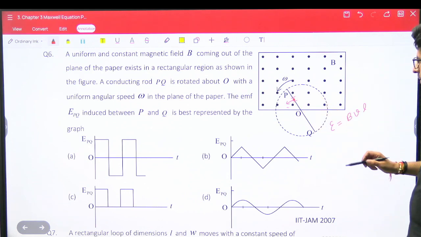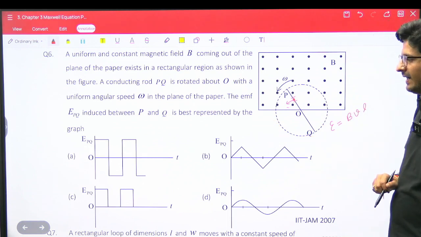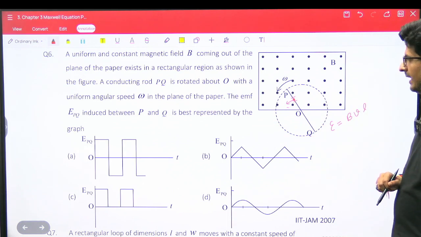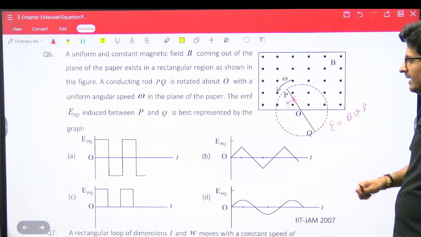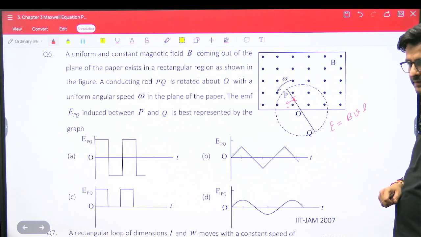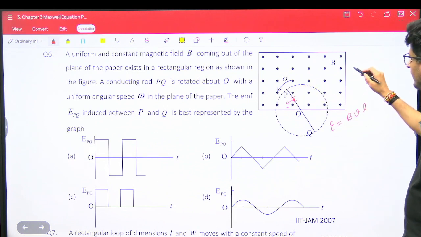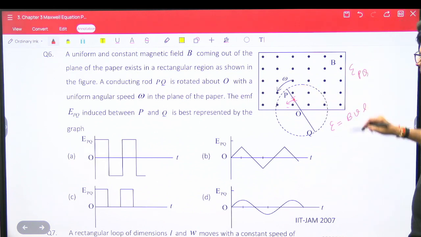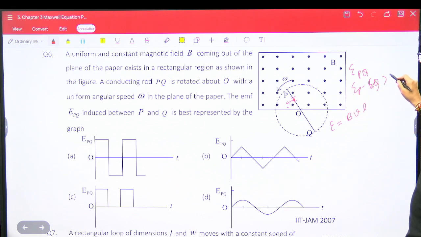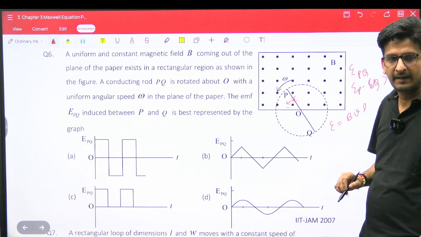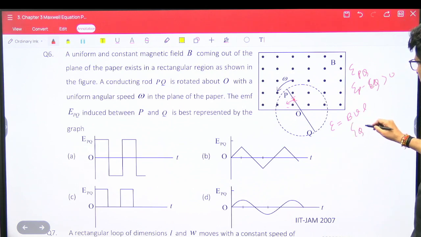Correct? So initially P will be at higher potential, and after one half cycle, Q will be at higher potential. So if you say EMF between P and Q, it will be E_P minus E_Q. Initially E_P minus E_Q will be greater than 0, and later on E_Q minus E_P will be greater than 0.